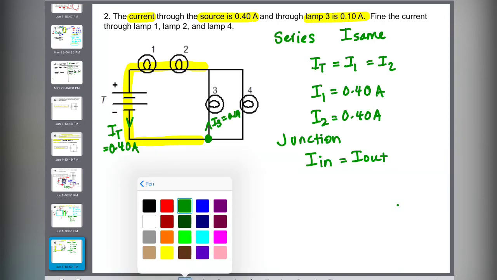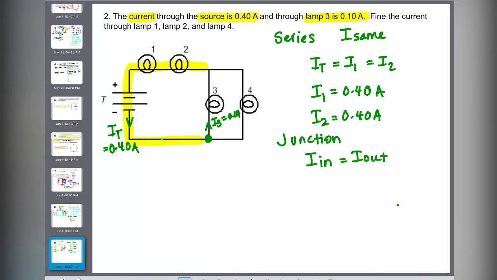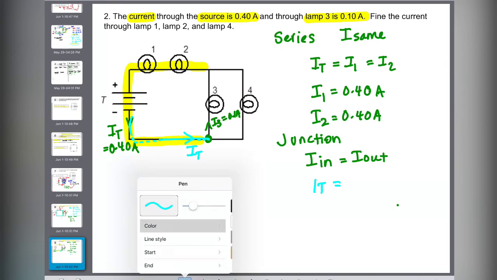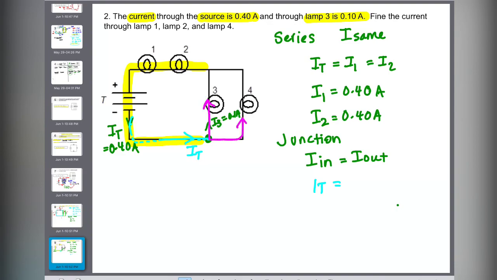What is the current that's coming in? Trace back. The current going in is actually still your IT. You start off at the dot and go back to the first thing you encounter, and I found that the current going in is IT. What are the currents flowing out? From the dot, I go out to this one and to this one.